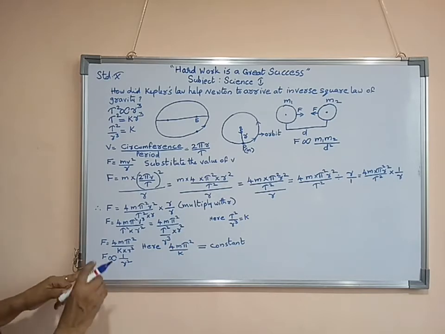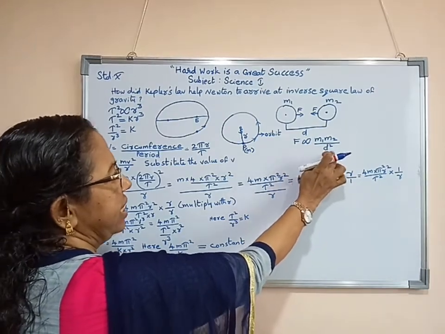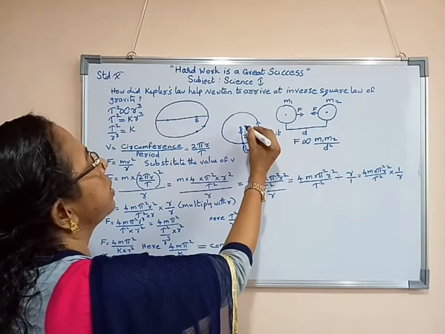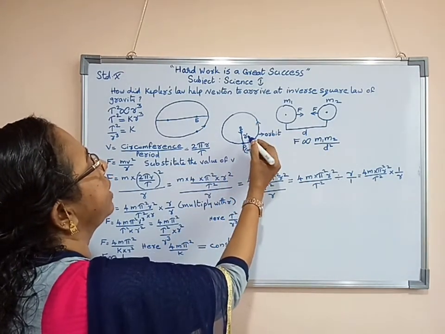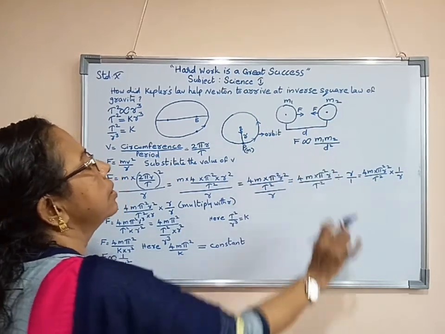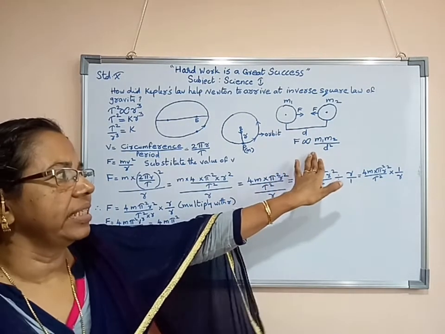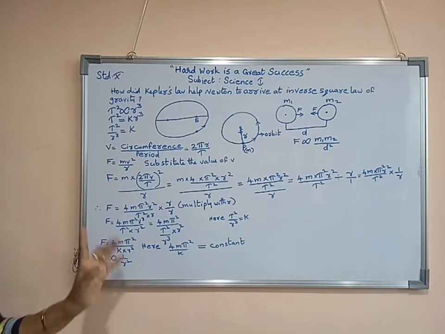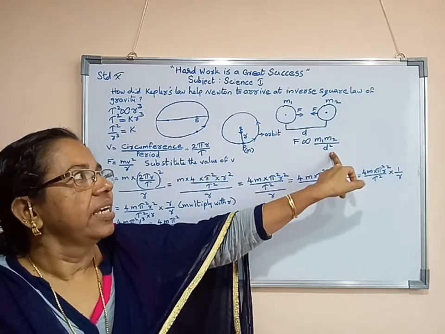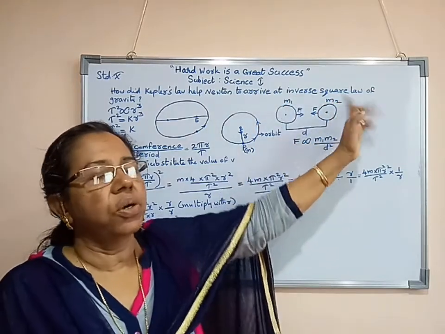Now you see, you can find this equation and this equation. In both places, D is the distance between these two bodies. At the same time, R is the distance between two bodies, that is Sun as well as planet. Here we have written the symbol R, but there we wrote the symbol D, but the value is coming the same. This is also distance, this is also distance. Seeing this, he arrived at the inverse square law of gravity.